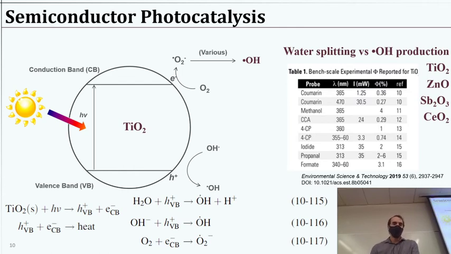But generally, both the electron and the hole, this h+, we'll call that a hole where the electron is missing, can end up giving us hydroxyl radicals, one by transition from oxygen to superoxide radicals, and the other by directly oxidizing hydroxide. So that's photocatalysis in a nutshell. We get these great highly reactive radicals from the surface of our catalyst when we expose it to light.